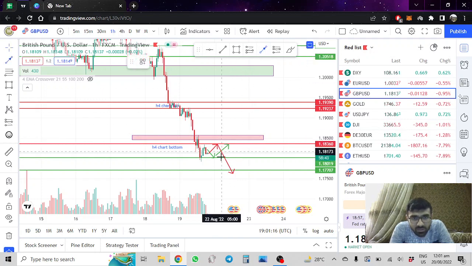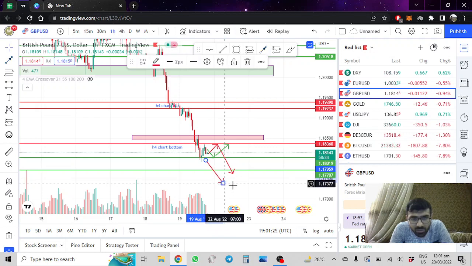Okay, the second scenario would be that if this marked area is broken, and we go short immediately. Okay, this would be a risky trade.